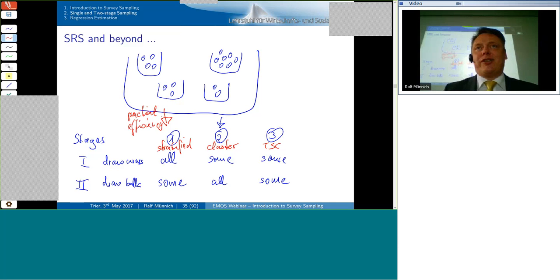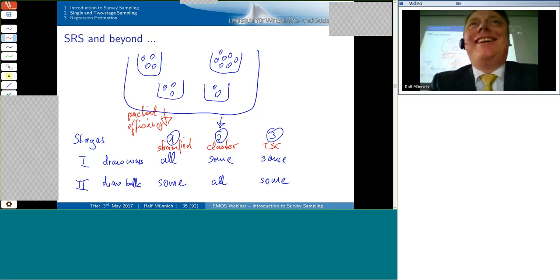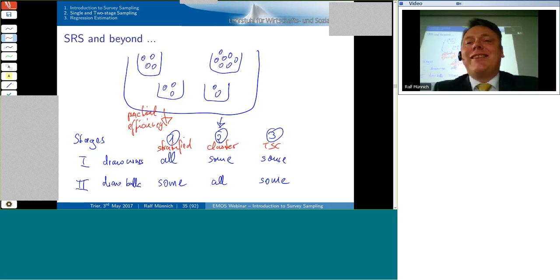Well, as a mathematician, I can also construct a case where cluster sampling is very efficient. Do you have an idea? Cluster sampling, how can that be very efficient? Well, imagine the case that all clusters have exactly the same distribution.